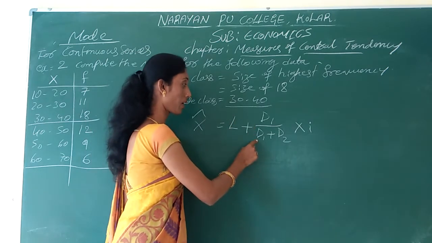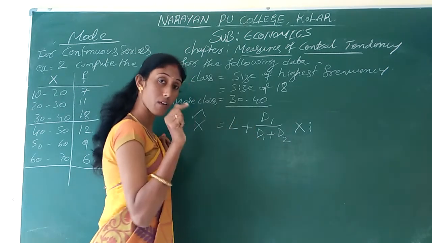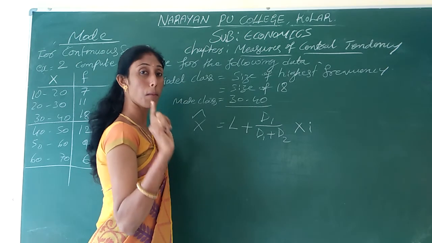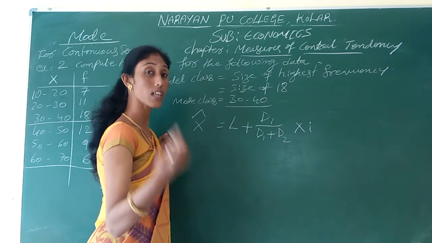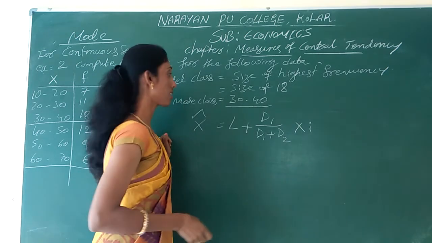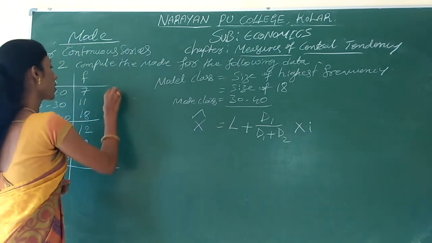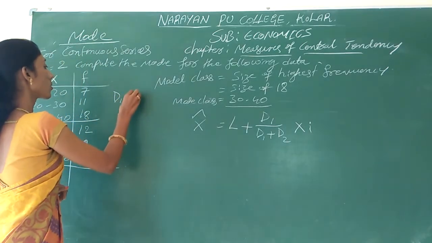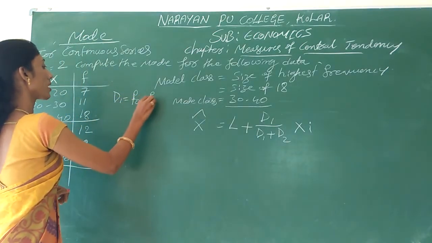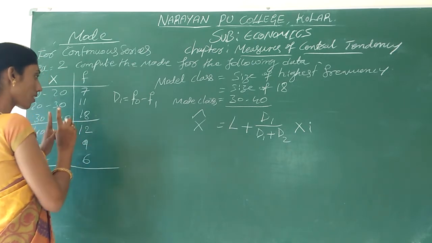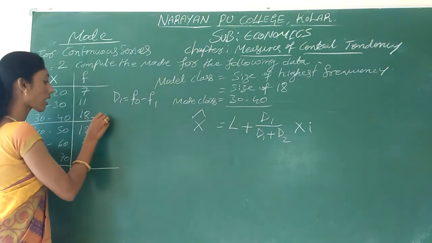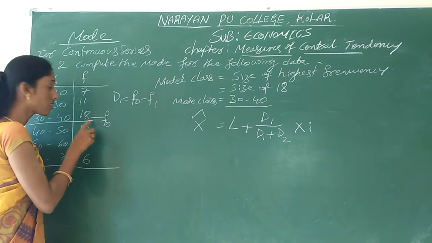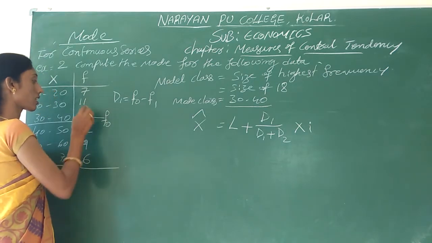D2 means the frequency of the mode class minus the frequency succeeding the mode class. Simply, D1 is equal to F0 minus F1. Here F0 means the mode class frequency.